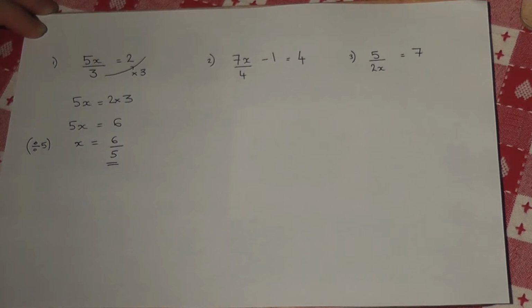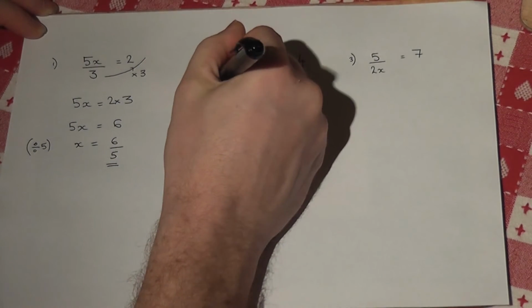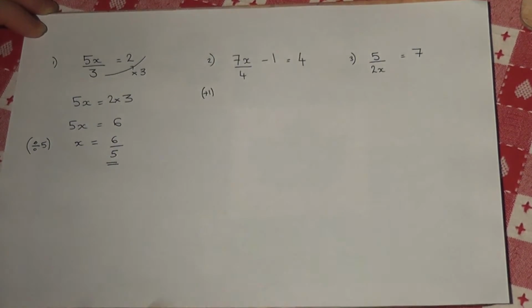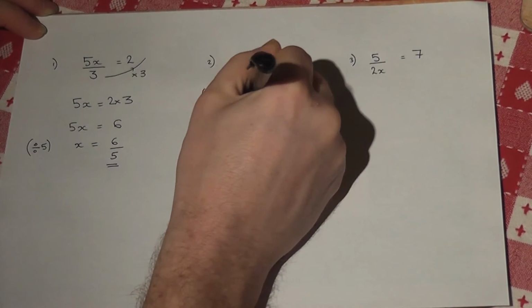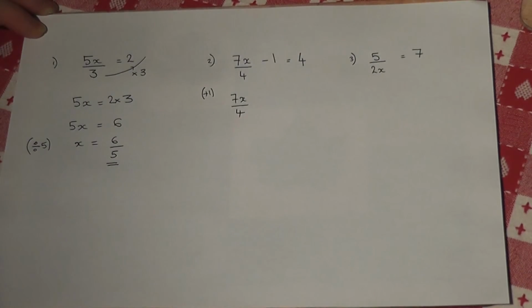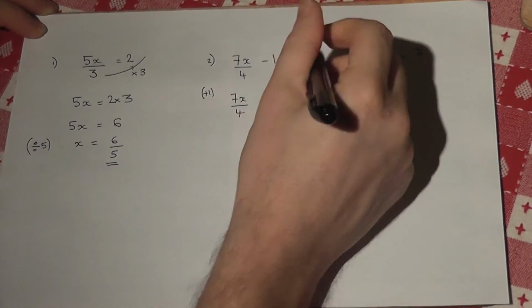Now occasionally we have a number as well as a fraction, so in this case a -1. We can use our normal equation solving technique, so if I begin by adding 1, then 7x over 4, I've added 1, so it will equal 4 plus 1, which equals 5.